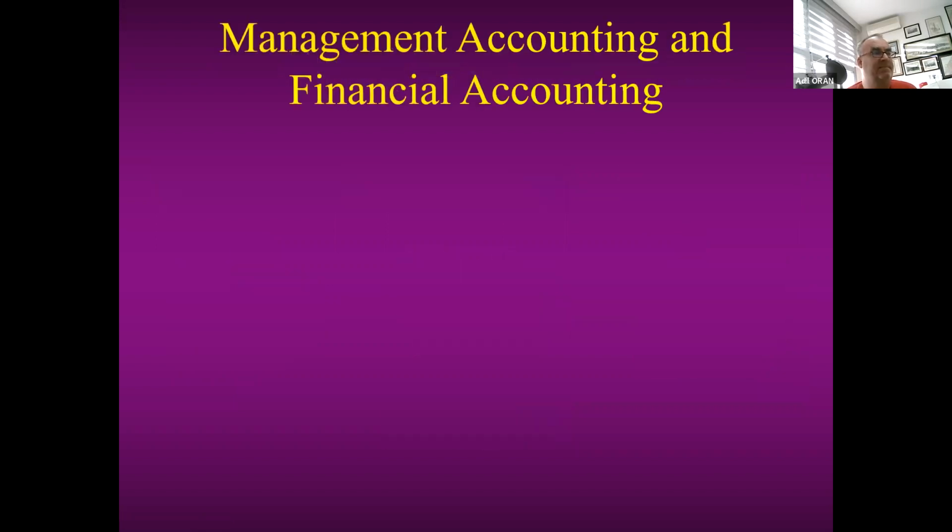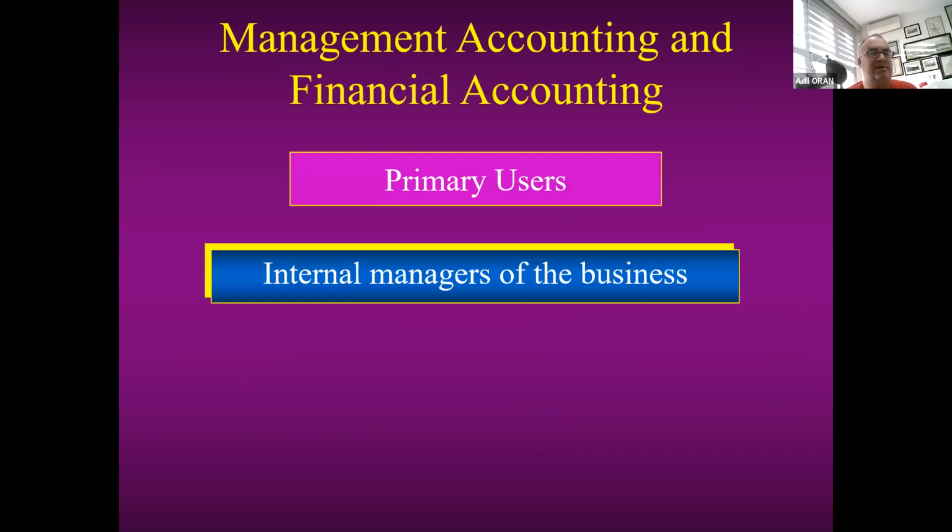So from this, management versus financial accounting, what's the difference? Well, both of them in general, the objective of accounting is to provide decision makers with useful information. But the main difference is that who those users are changes from financial to managerial accounting.